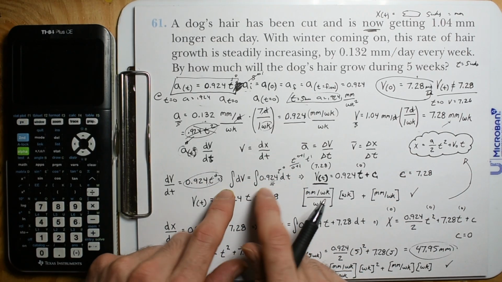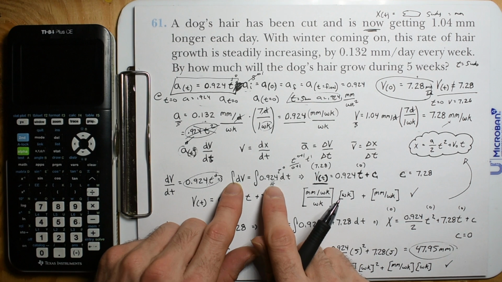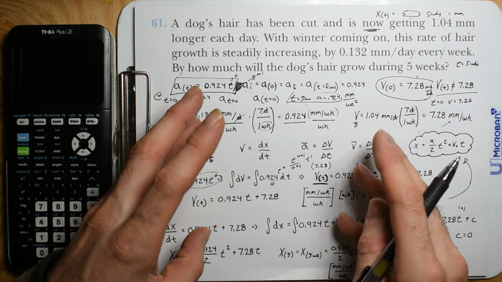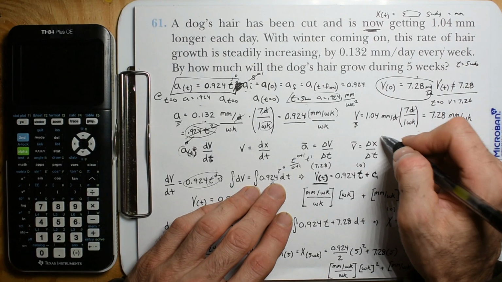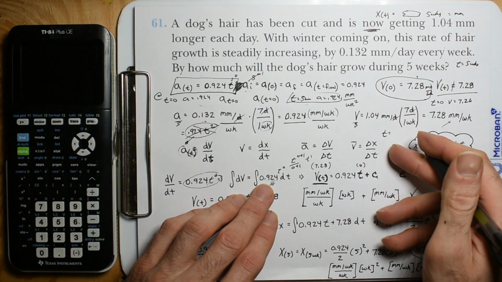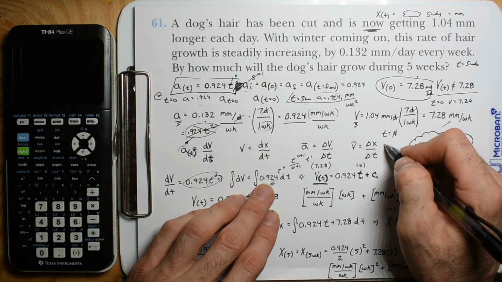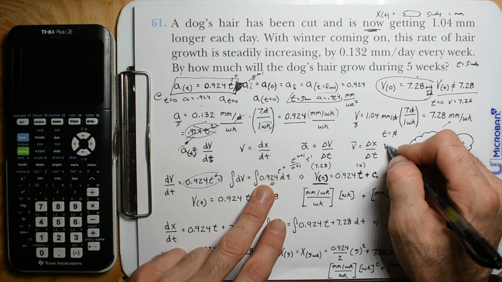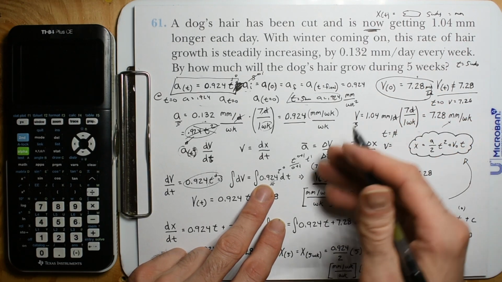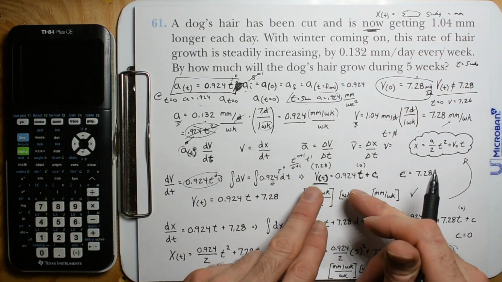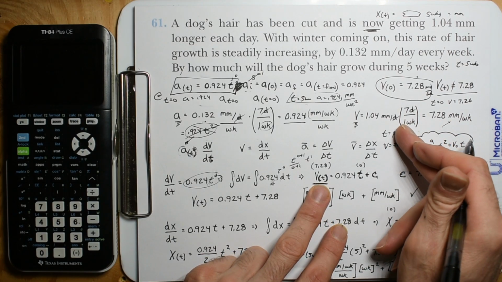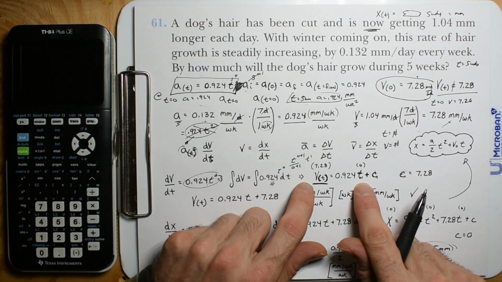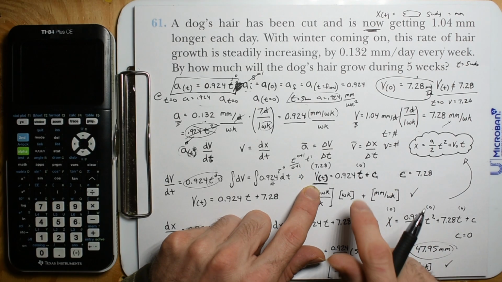Anytime you integrate, I can definitely speak to this, you have to know something about what's going on. You have to know, at some time, something about the problem. So if you're going from acceleration to this equation for velocity, well, you must know the velocity at some sort of time, because that's literally the equation that we have.